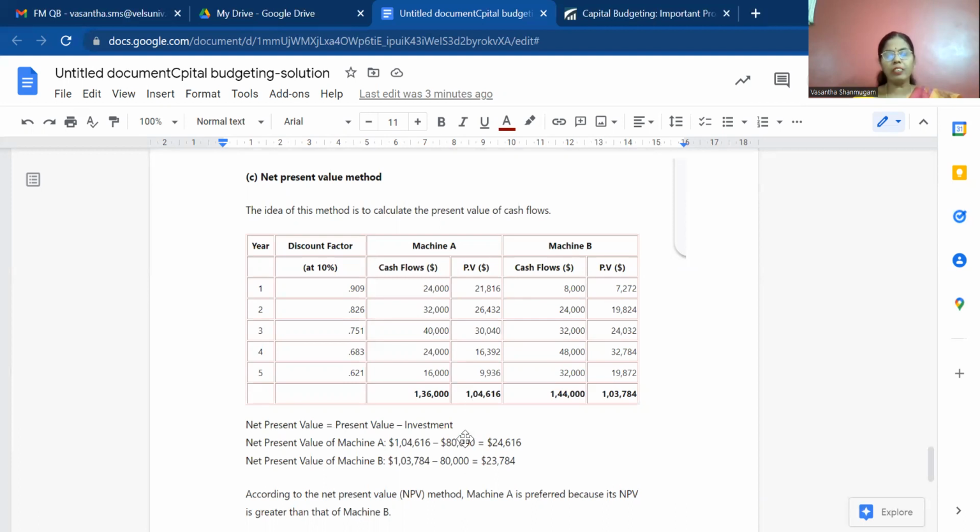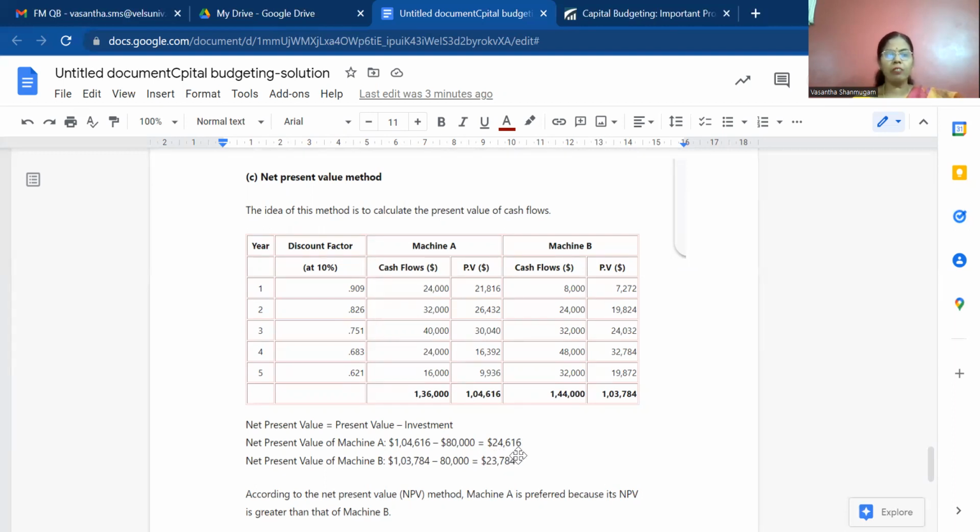Definitely in this case, the inflow is 1,04,616 but the outflow is 80,000. So the surplus cash inflow generated in this project is 24,616. So we can accept this proposal.